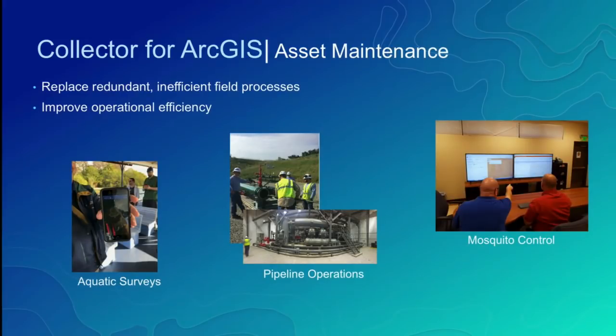The other types of use cases I wanted to mention really revolve around asset maintenance. So one of the things that you can do pretty effectively with Collector, because Collector is founded upon your investment in the geodatabase and the information model that we provide in the platform, you can leverage the relational model to manage the inspection workflow. So in that hydrant use case, say I had to do inspections off a hydrant.